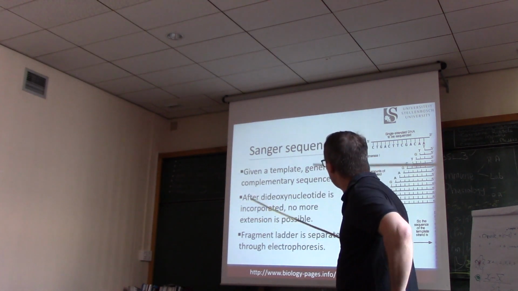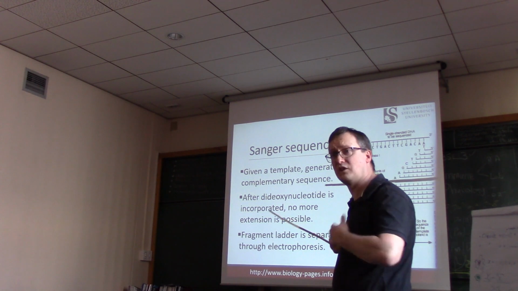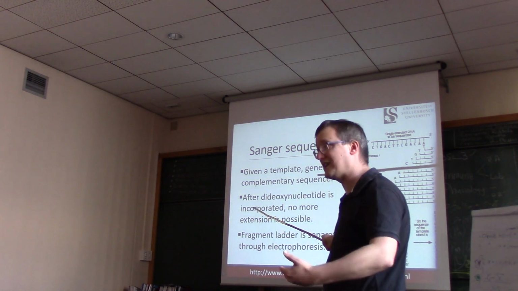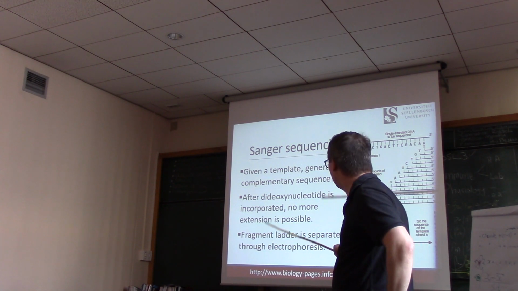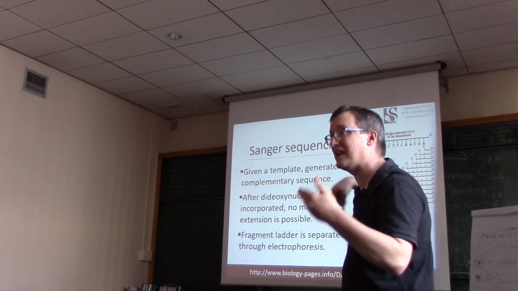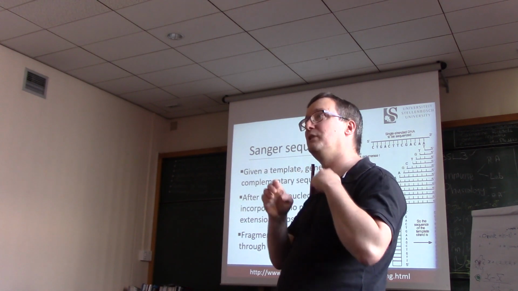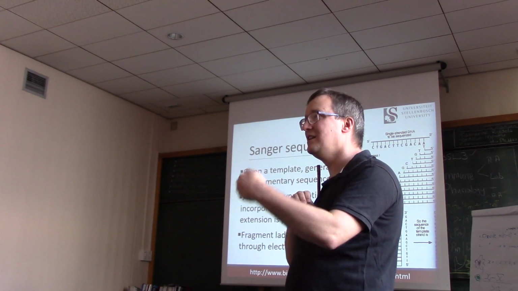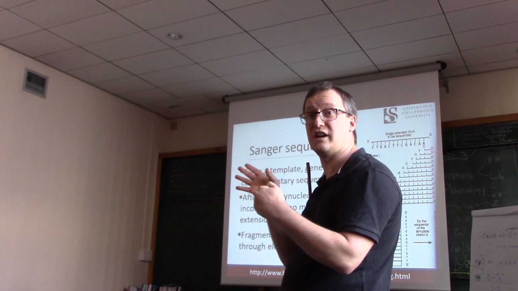So when we do sequencing, we are also generating complementary sequence. We're still relying upon polymerization, but we're also putting in some points of failure when we're doing Sanger sequencing, because it is possible to polymerize in a nucleotide that does not have an attachment point for any further nucleotides.